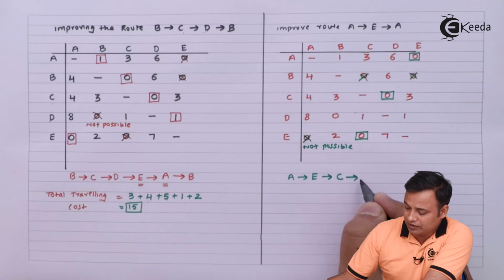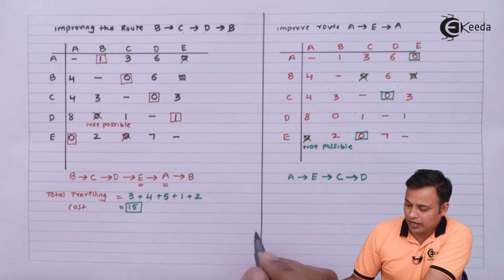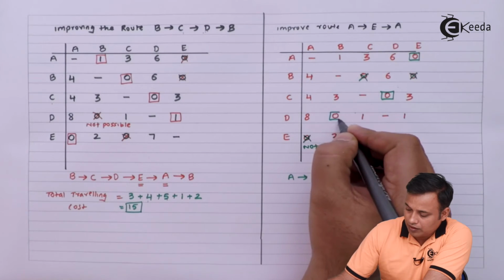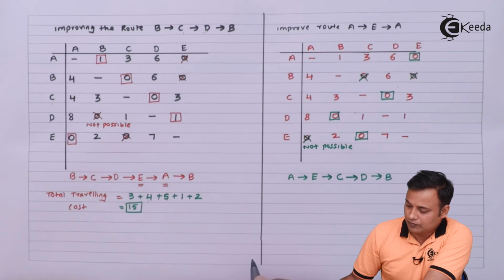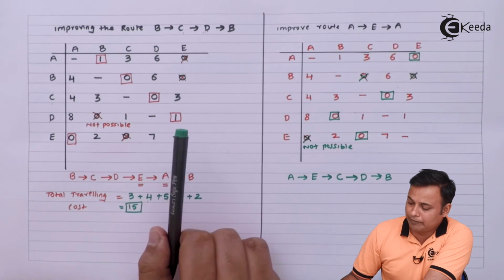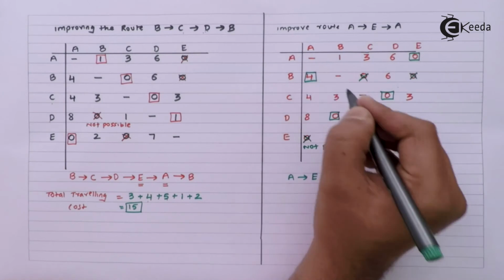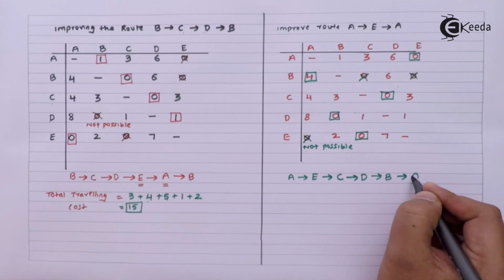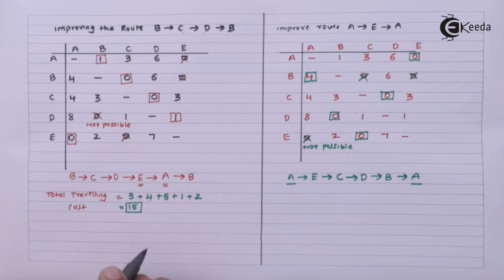So I will cover D, and from D I have to cover B, and from B I can be back to again A. So I covered all the cities before coming back to A again.